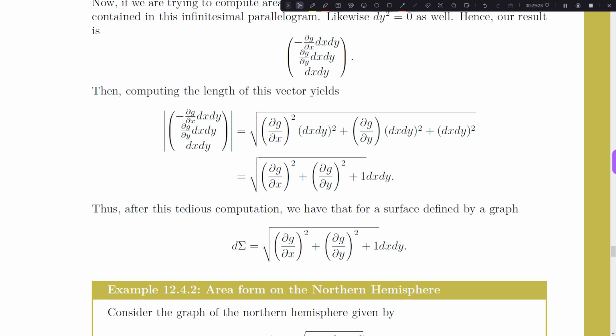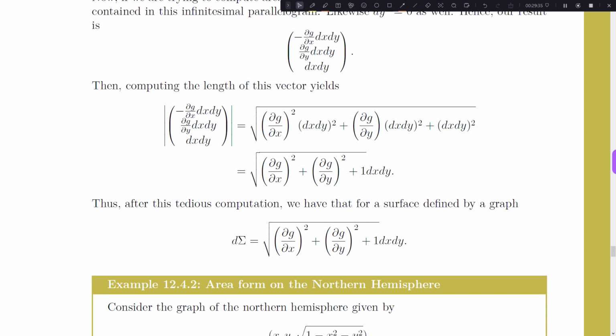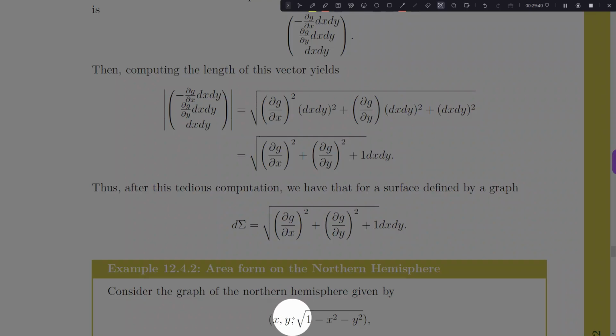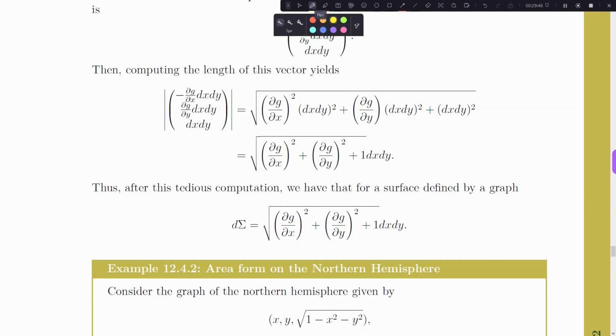So let's think about, we have a globe, we're going to chop it in half, and we want to calculate the area of the top half of that globe. And it's pretty easy to consider the graph xy root 1 minus x squared minus y squared. Where does this root come from? It comes from x squared plus y squared plus z squared equals 1.